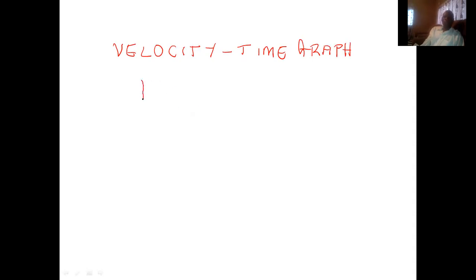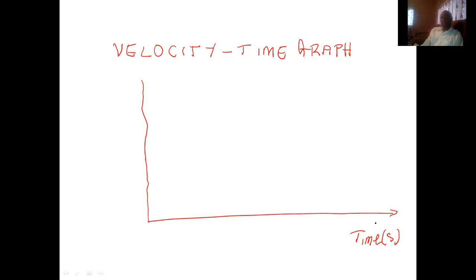We have a straight line, the y-axis and the x-axis. On the x-axis, we have time. We write time in seconds. You write the units. And on the y-axis, we have velocity in meters per second.